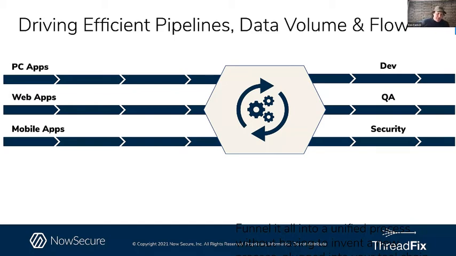Mm-hmm. And so we're seeing a proliferation of these application assets. And again, similarly with adding things like mobile applications, IoT applications, we're seeing a real proliferation of application assets, right? So there's just more things that need to go through a pipeline, or that need to be tested. As organizations adopt this DevSecOps culture, what we see is they start to incorporate certain types of testing into these pipelines.